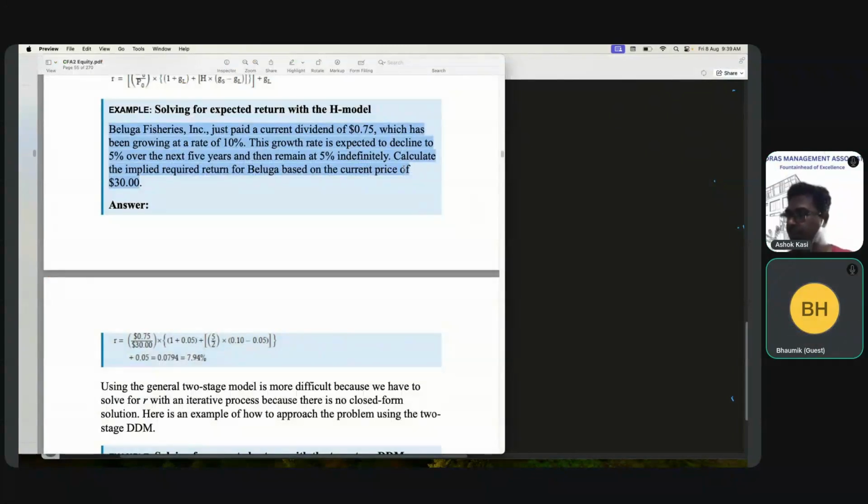So it declines over the next 5 years, so this tells us it is the H model.